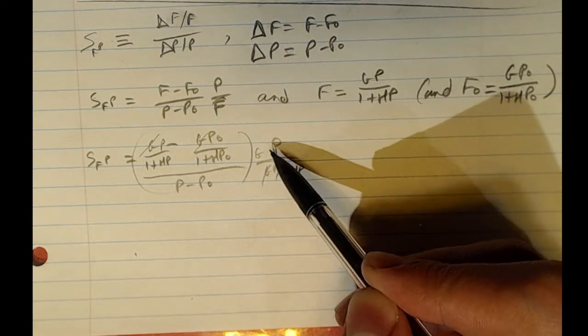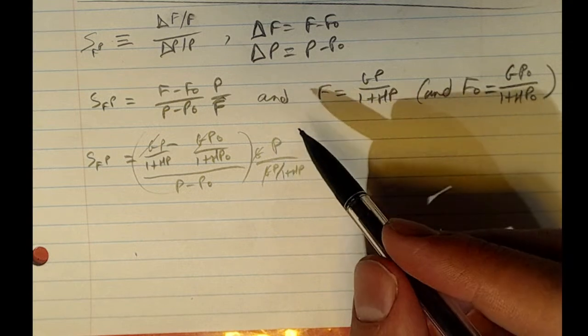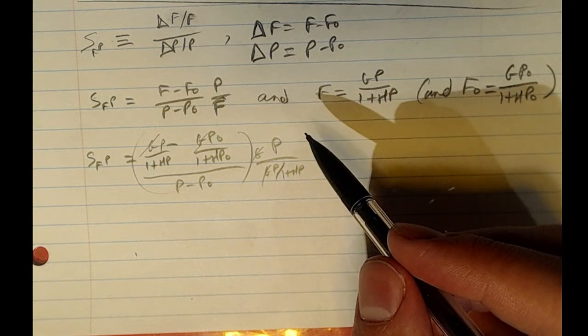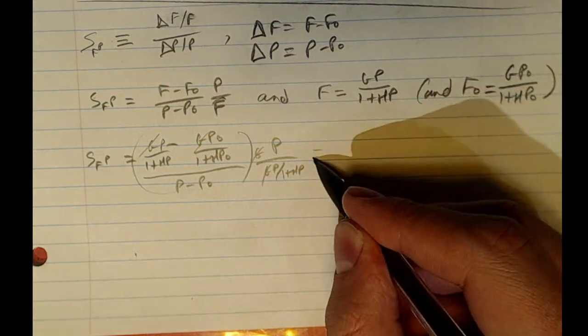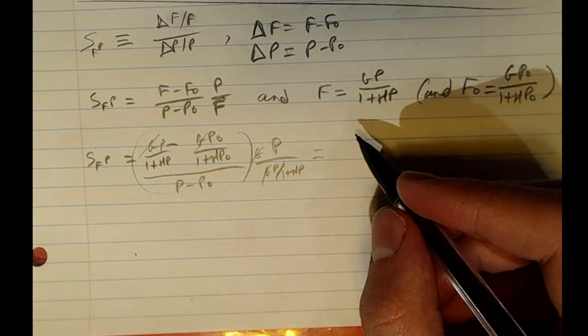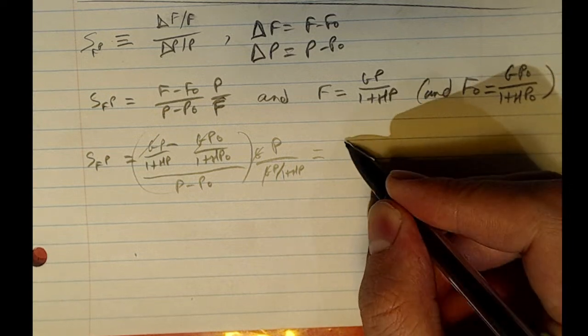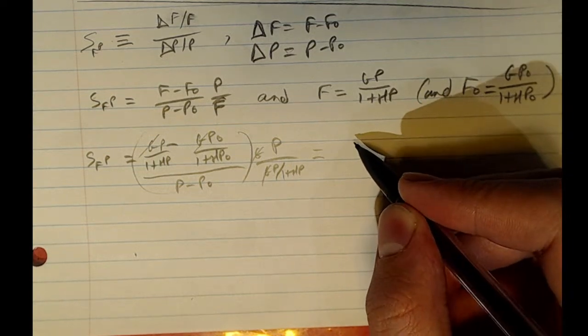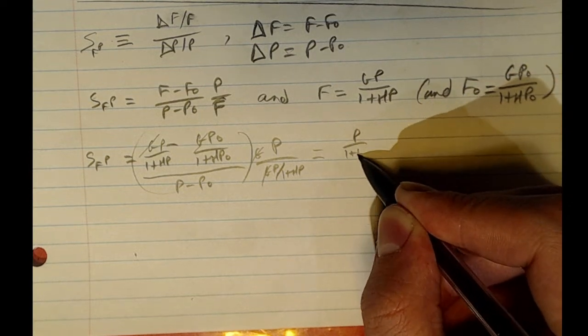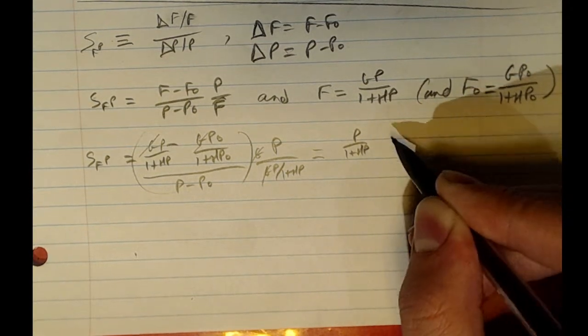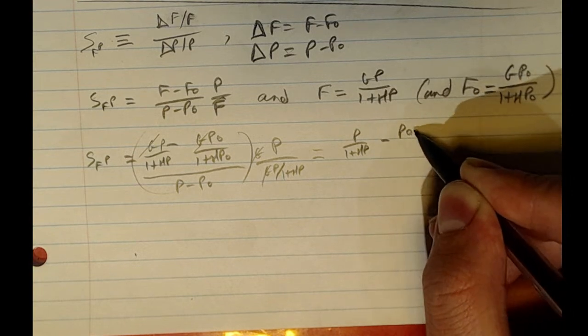But then that cancels with that. So let's just write that out here. Not that I have any clue what G means in terms of a control system, but let's just keep going. Plus HP minus P naught.